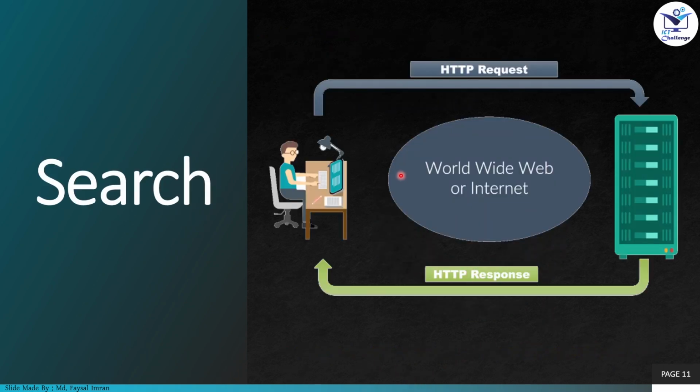Now let's talk about search, and how search works. If you search for anything from your computer, then this one request will pass through the internet to the server. Earlier we talked about the server. A server is the largest memory where we store all kinds of data. For example, if you upload a picture on your Facebook account, and then you delete this picture from your PC or mobile device, then if you log into Facebook, would you get this image?